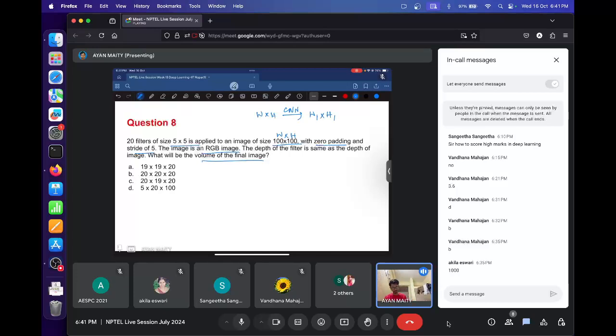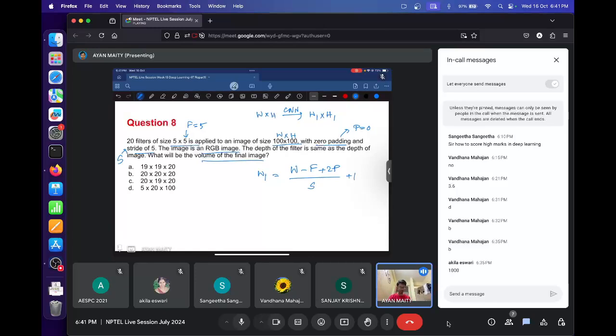So W1 and H1 can be computed as W1 is W minus F, F is the shape of the filter, which is 5 here, plus 2P, P is padding, which is 0 padding we are using, divided by S, S is the stride, which is also 5, plus 1.